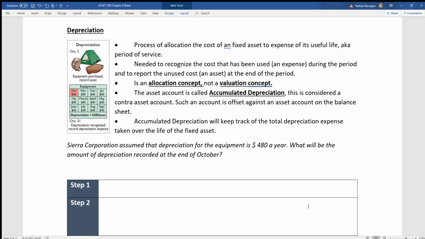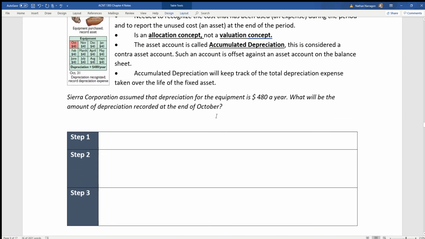It is what it is. So accumulated depreciation basically stores the depreciation over the useful life. It just keeps building and building, and once we remove, sell, or dispose of the asset, we can get rid of this account too, but it lets us know the value of the account during its life. It's basically a tracker.